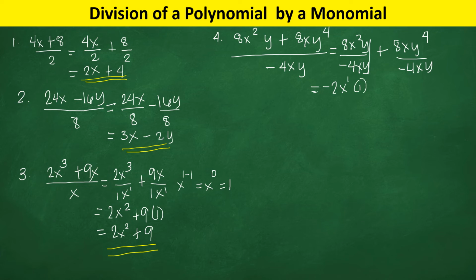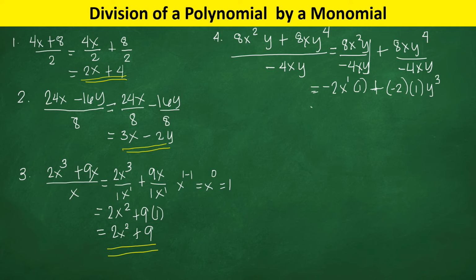Again, ang reason nito ay katulad din nito. Okay? Because ito ay magiging y to the 0, so this is already equal to 1. And then, plus 8 divided by negative 4, so this is negative 2. And then, x divided by x, so again, this is positive 1. Then y to the fourth divided by 1, so the same base, just copy the variable y, subtract their exponents, 4 minus 1, so this is equal to 3.